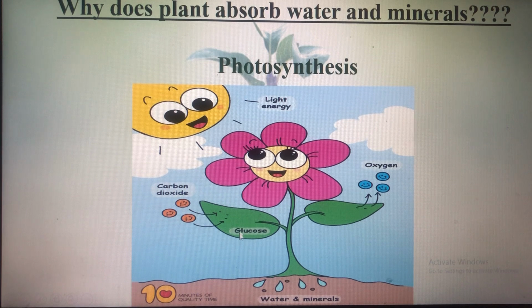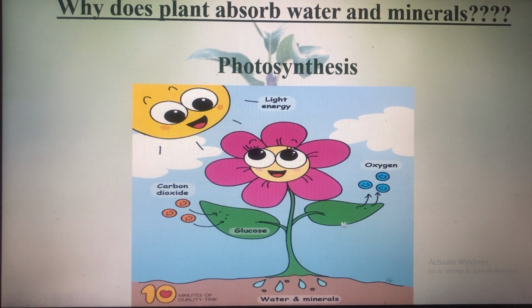Then the carbon dioxide and the water react with each other in the presence of sunlight and different mineral salts, and produce glucose as well as oxygen, which is released back into the environment.